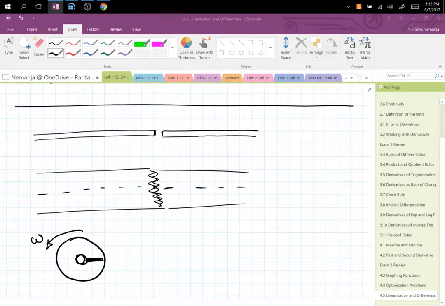applications for this session. Let's take a look at some of the word problems they have in the textbook that pertain to differential. Well, first let's do a vanilla problem.